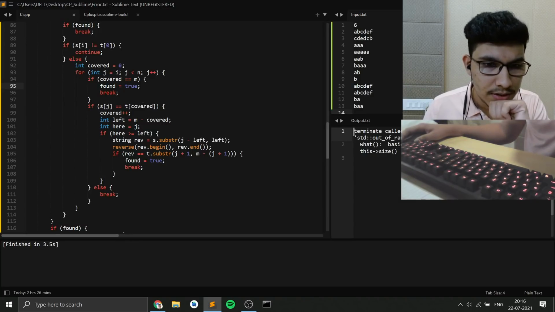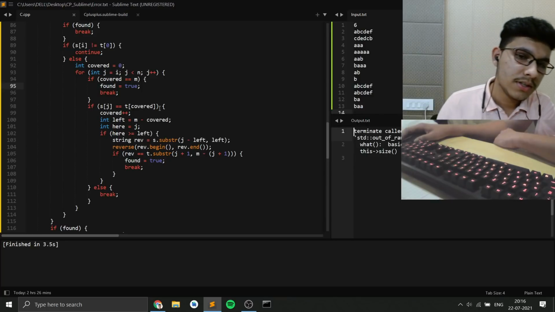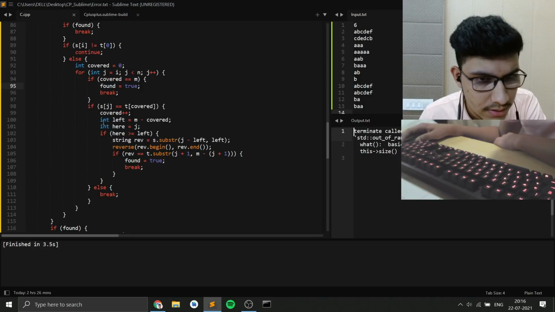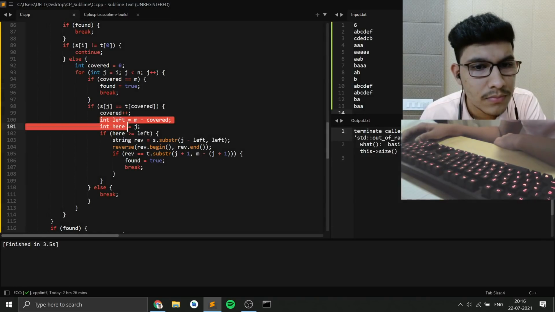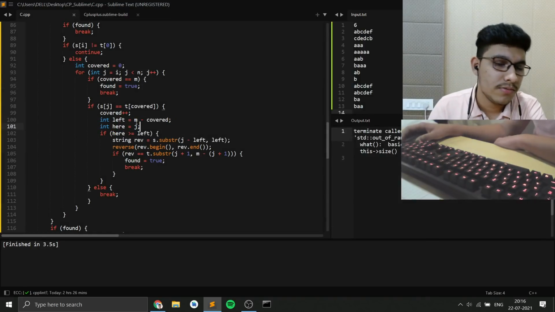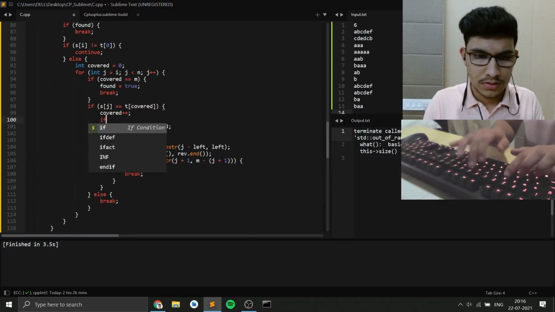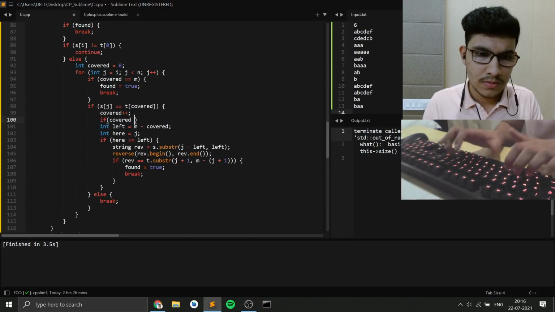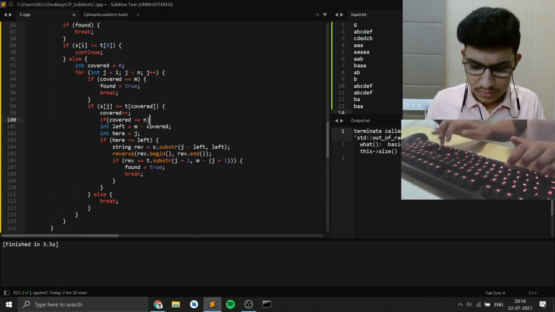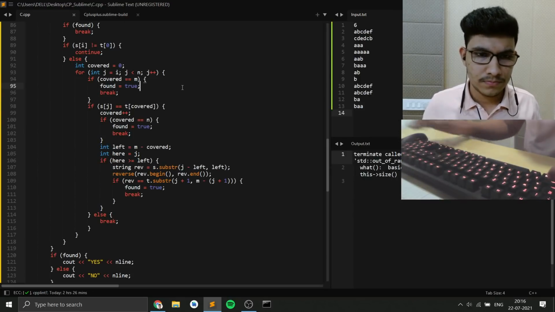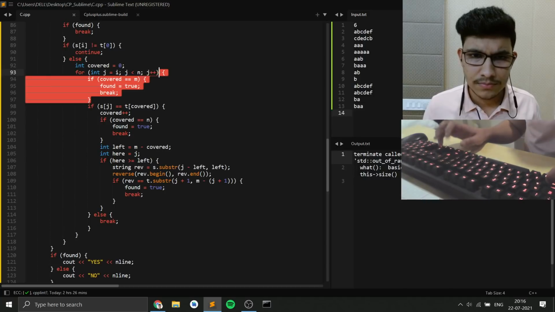If s at j equals t at covered, then I do covered plus plus, and then I have int left equals m minus covered. Okay, so if covered, we don't need this here.